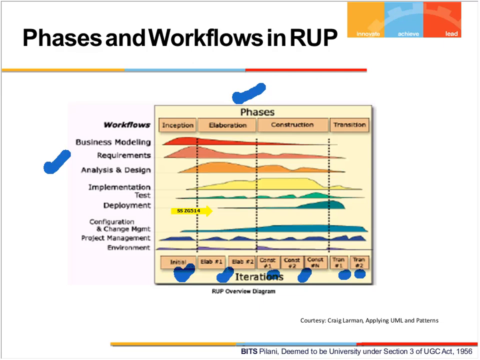So the moment you receive the requirements from the business, try and convert them into a requirement model so that you are able to address the gap between the business and the software as quickly as possible. And this is one of the advantages of doing more of business and requirements in the inception itself.